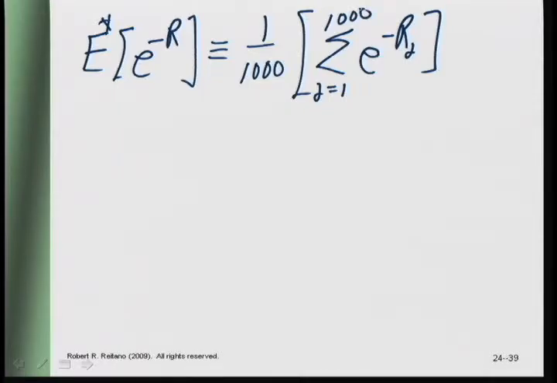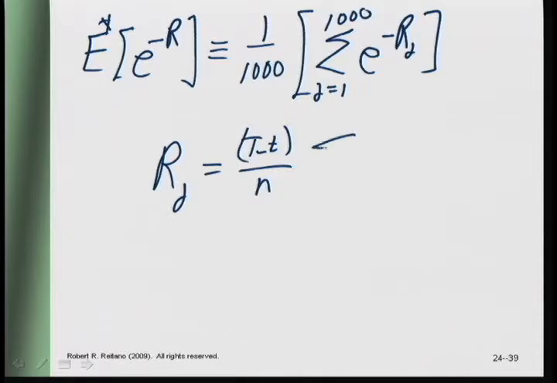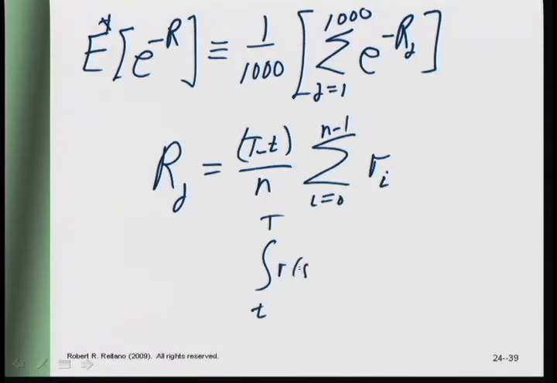I'm going to generate 1,000 values of capital R, each one of those being an integral, and each one of those R_j's comes from one of my paths. It's equal to (T minus t) over n times a summation of R_i from 0 to n minus 1. Basically I'm approximating the integral of R(s) ds. I'll put a j up here to denote that every one of my capital R's has a subscript j because it represents the jth process that I generated.